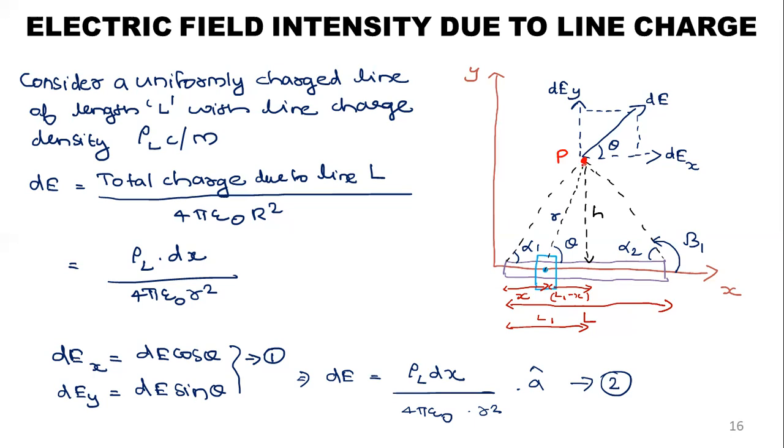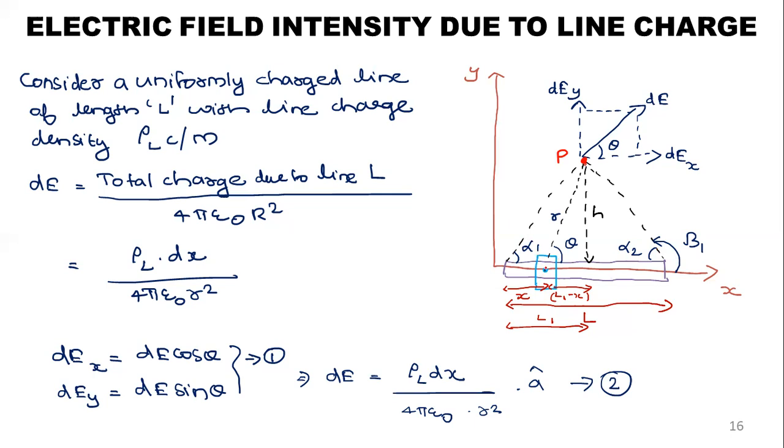Then we mark the angles. Point P makes an angle alpha 1 on one side and alpha 2 on the other side, and with respect to the x-axis the other angle is beta 1, so 180 minus alpha 2 is beta 1.